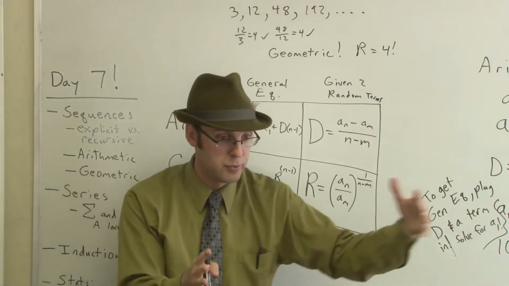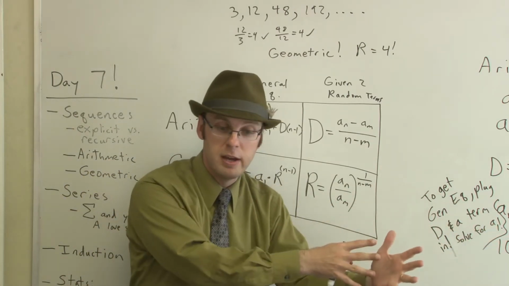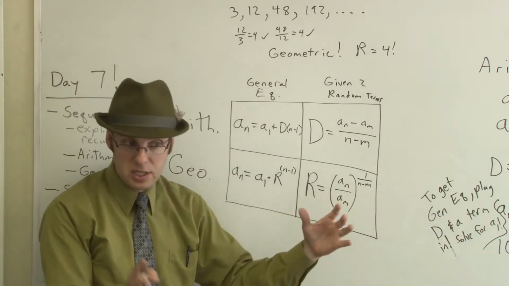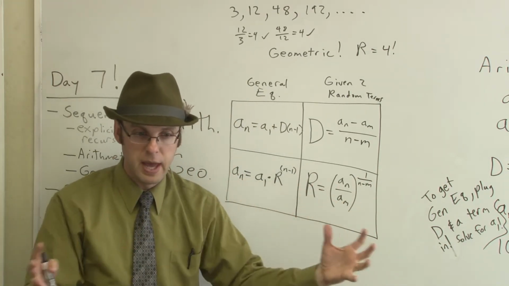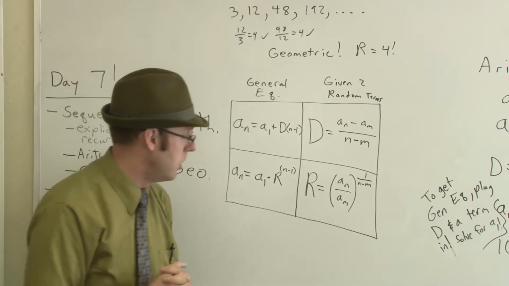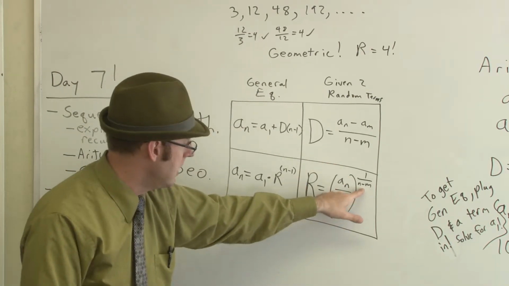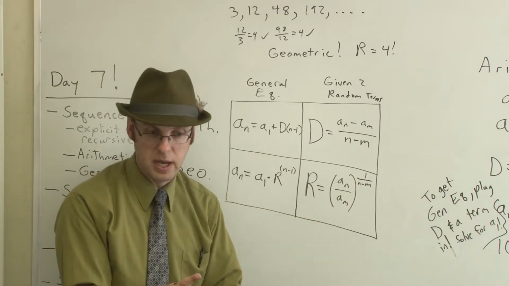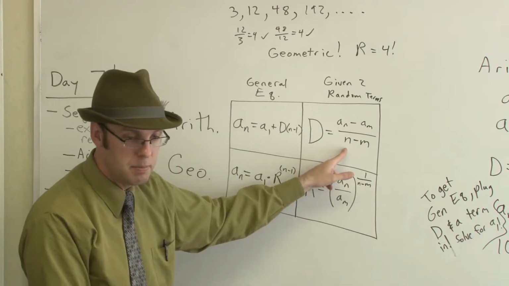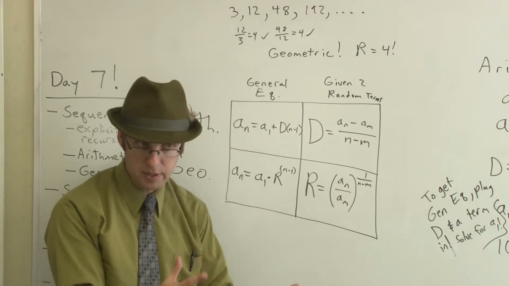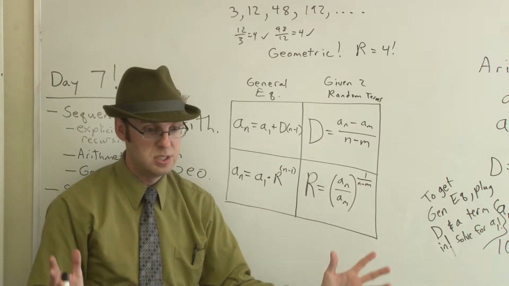If I'm going from term 3 to term 7, I multiplied 4 times, so of course I want to take the fourth root of that big number. So all this is saying is, take your total distance covered and take the root of the number of steps. Instead of dividing by the number of steps, I take the root of the number of steps. That's all she's saying.